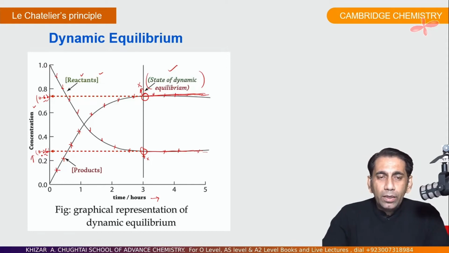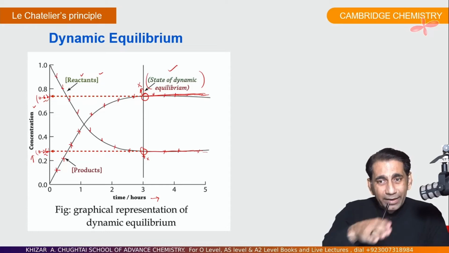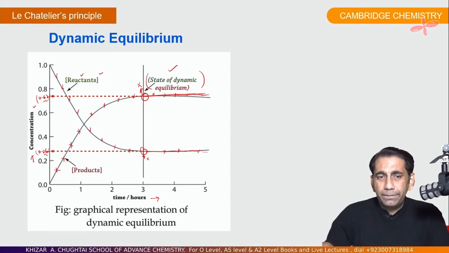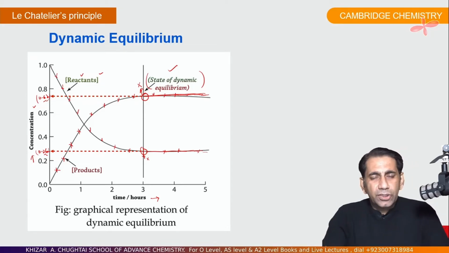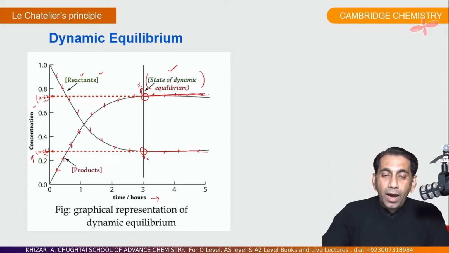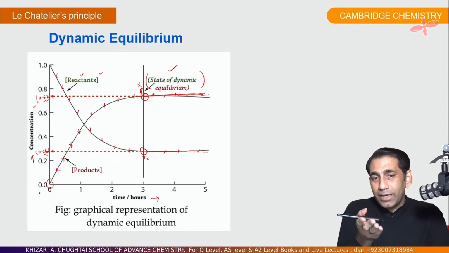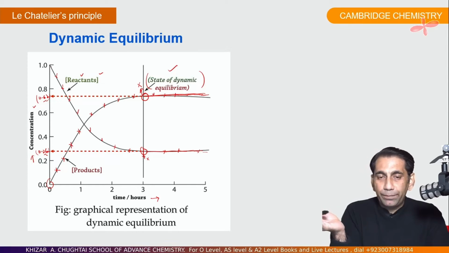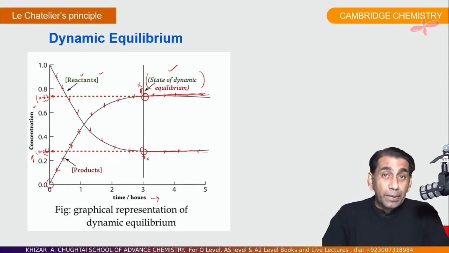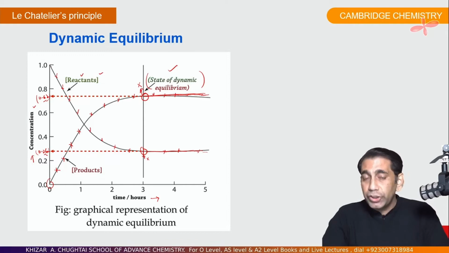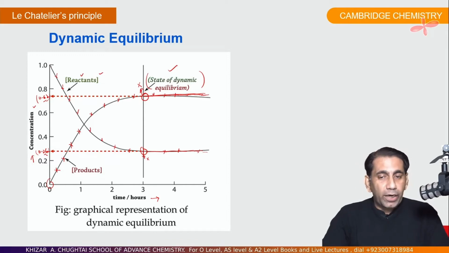So number one, the concentration of the reactant always decreases with respect to time, and the concentration of the product always increases from zero, and then it becomes a flat portion. So these are the two typical curves, showing the change in concentration of the reactant and of the yield or the product.